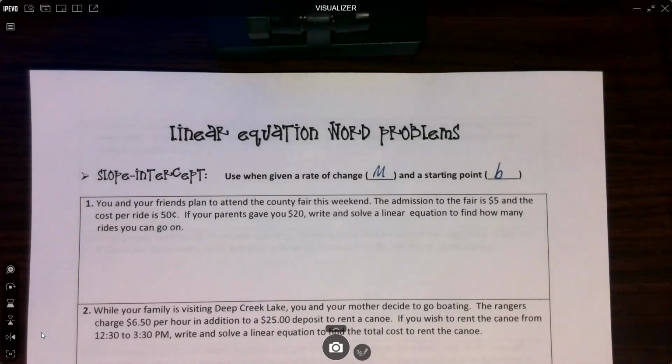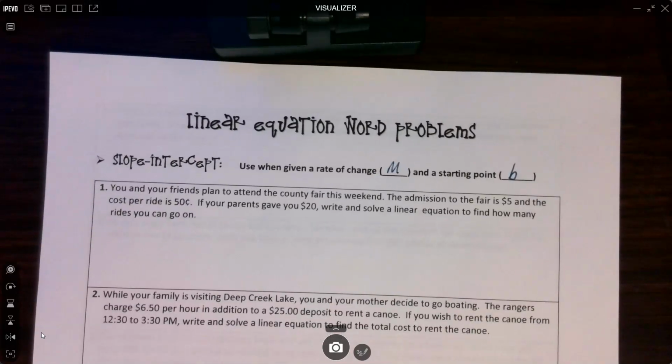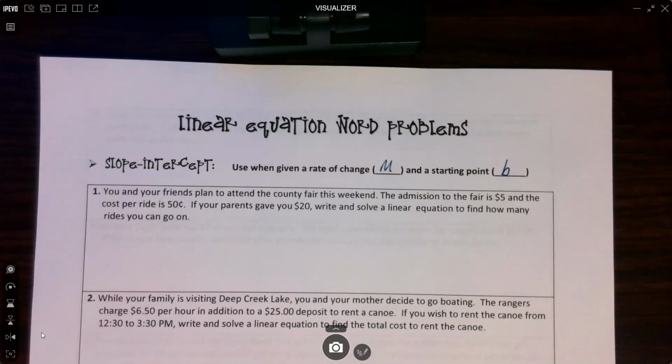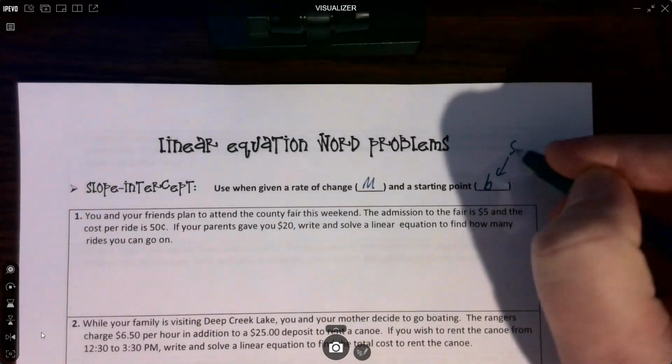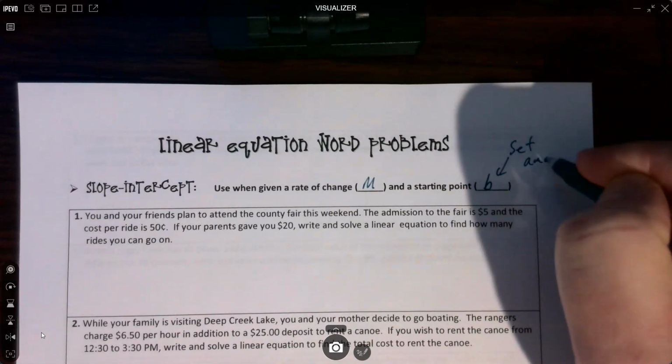Usually in these types of problems, there's one rate that could change with every amount of tickets that you buy or amount of items you have, and one thing that is set, like a fixed cost. That is going to be the y-intercept part. So what we're going to do is hunt down two things. We're looking for some sort of rate, and we're looking for some sort of set amount. So this is a set amount here, usually.